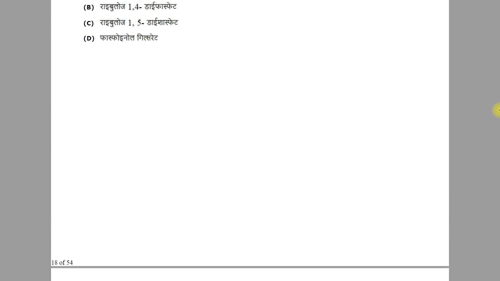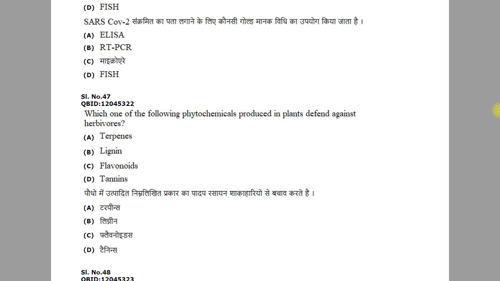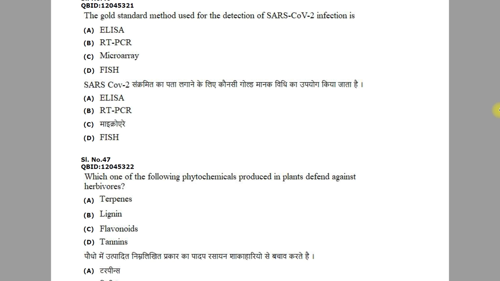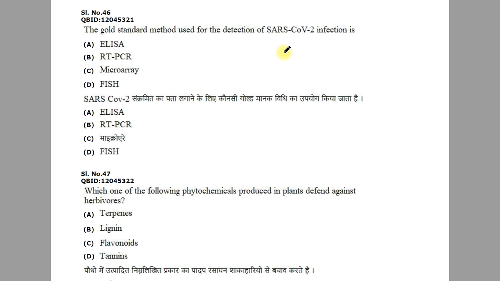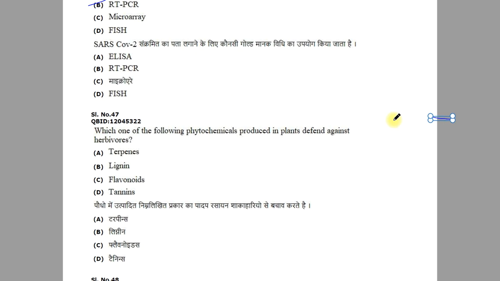The gold standard method used for detection of the SARS-CoV virus is A. ELISA, B. RT-PCR, C. microarray, and D. FISH. The standard method is the RT-PCR. So the option B is correct here. It is the gold standard method based upon the reverse transcriptase polymerase chain reaction.